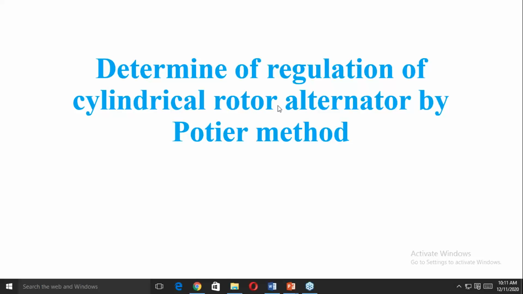We have seen the EMF method and the MMF method, and this is the ZPF method, to determine the voltage regulation of the alternator.